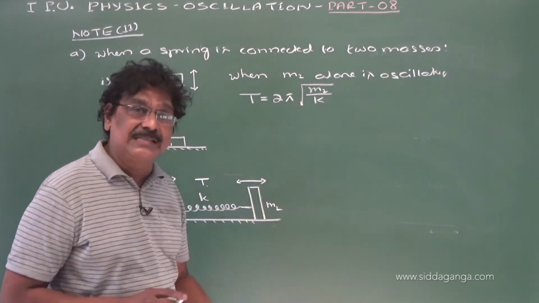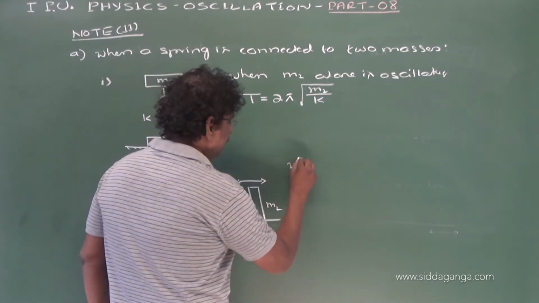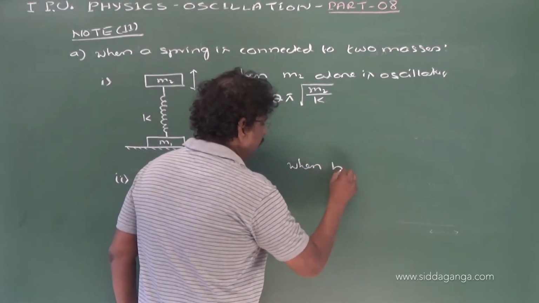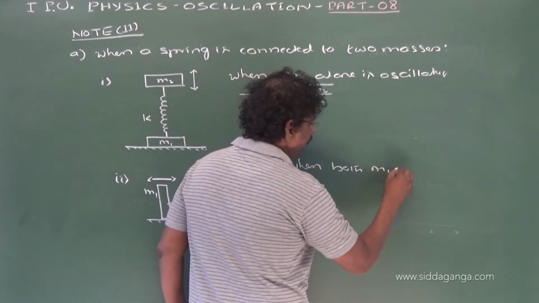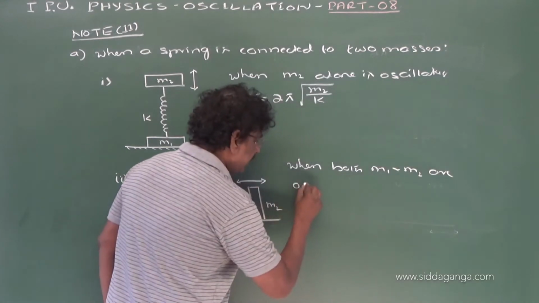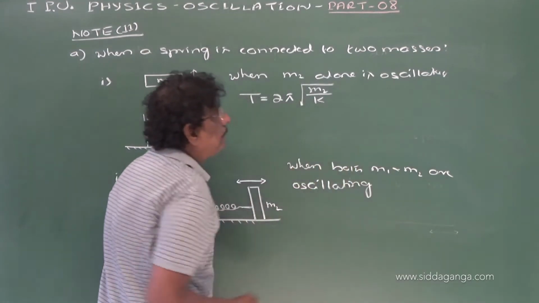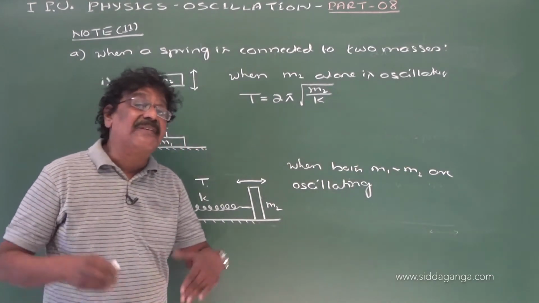Now the two masses are oscillating, right? So when both m1 and m2 are oscillating, what is the value of m there?